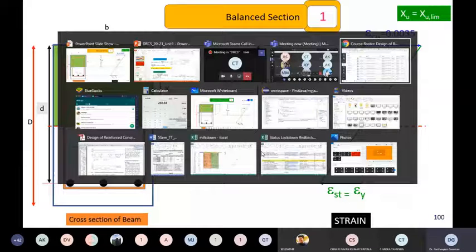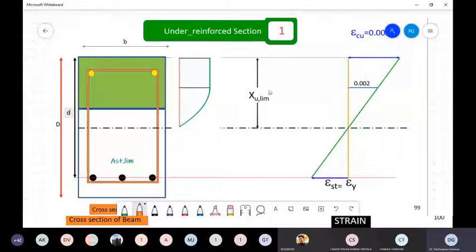Okay. Now I want your attention here. At this point, the total compressive force will be equal to 0.36 FCK. Normal equation is XU into B, but because it is XU limit, it will become XU limit for a balance section.